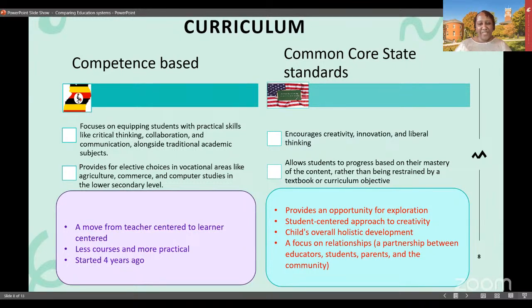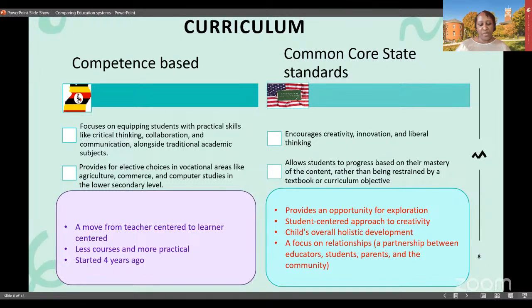So in contrast, the United States education curriculum is based on the Common Core State Standards. There are some core subjects that are required that go all through the education, especially before the students specialize, and then elective ones.